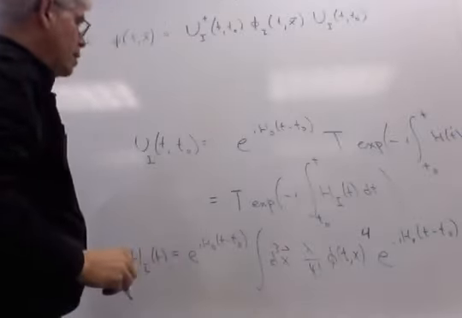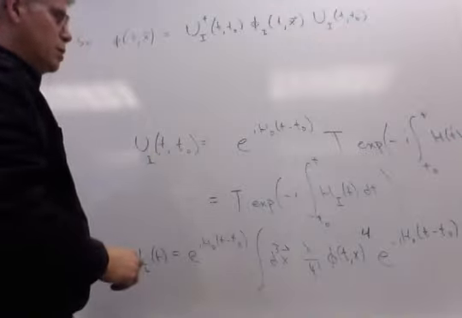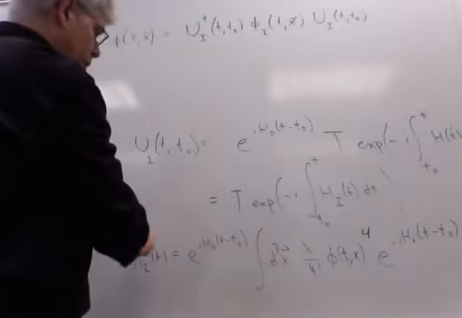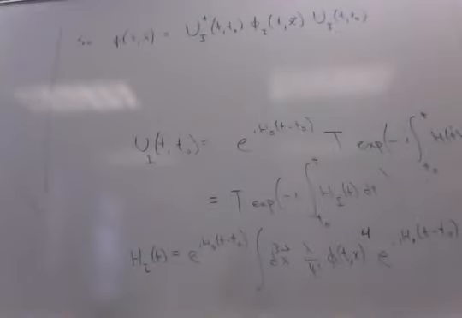Where U sub I is the time-ordered exponential of this interaction Hamiltonian, which is expressed entirely in terms of the interaction picture fields, which just involve creation and annihilation operators.